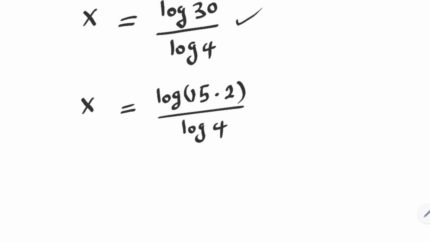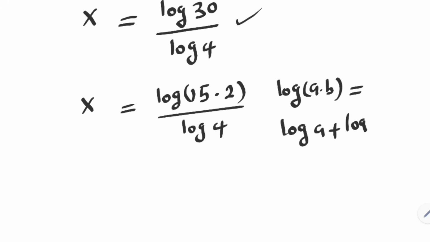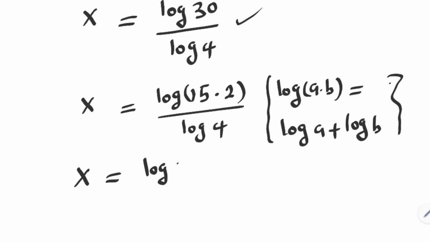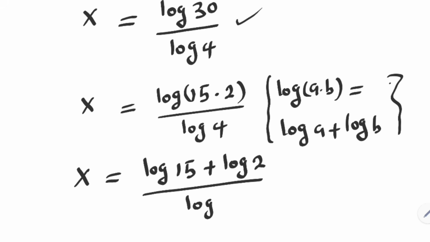Now take note of this, that if you have log a multiplied by b, this is equal to log a plus log b. x is equal to log 15 plus log 2 over log 4.